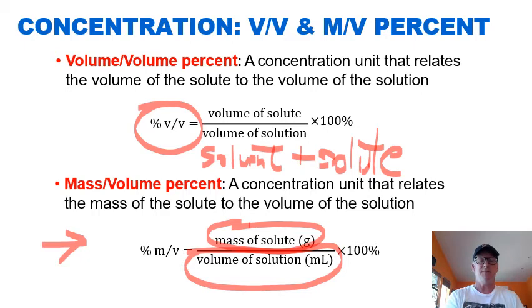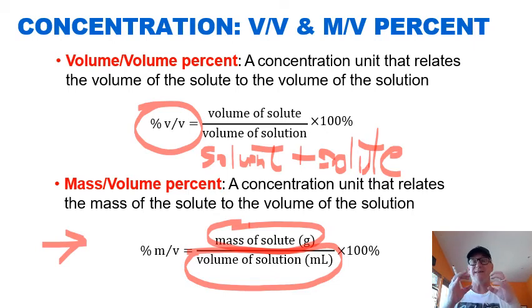So in that instance, we look at the mass of something divided by the volume, because there we're not particularly interested in calculating moles for doing concentrations. We're interested in maintaining a certain amount of a drug, a certain amount of another molecule in the patient's body.